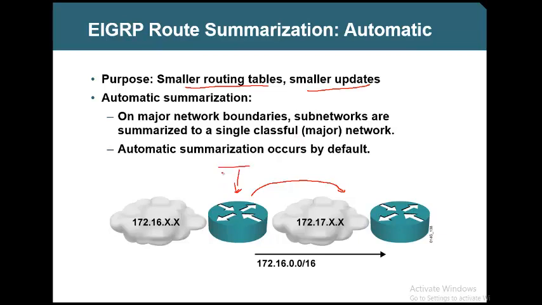If your routing table is big, then the advertisement is also going to be big. The update will also be big. So the smaller the routing table, the smaller the update, the less bandwidth consumed by the update, the less CPU consumed on the receiving router. Summarization is good.